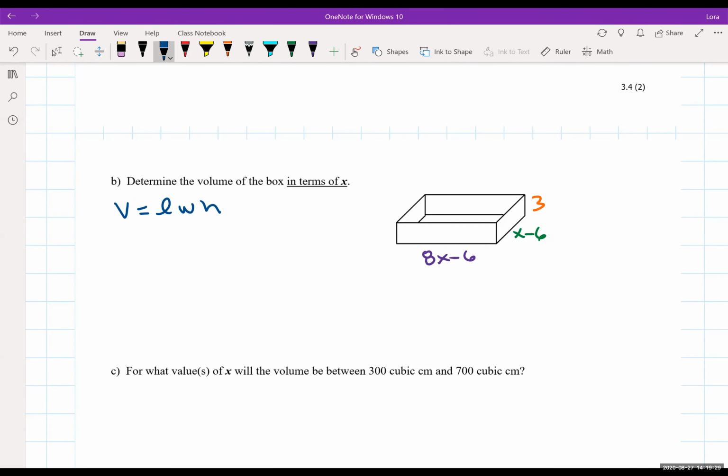So if you'd like to record this, length times the width times height. Now your TI will record this just fine. You don't really have to worry about the order. But sometimes when you check your answer in the back of the book, or you start writing stuff down, people often use the commutative property of multiplication.